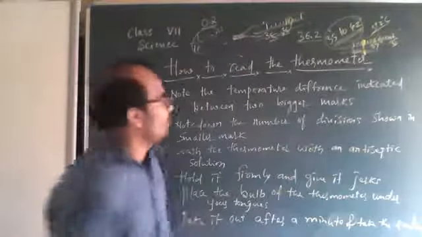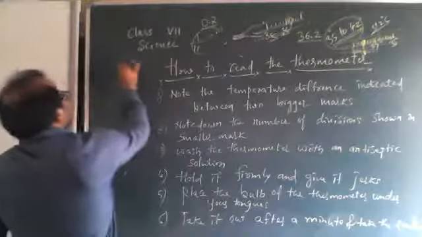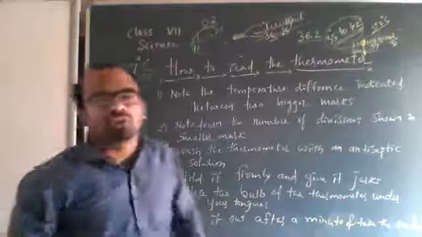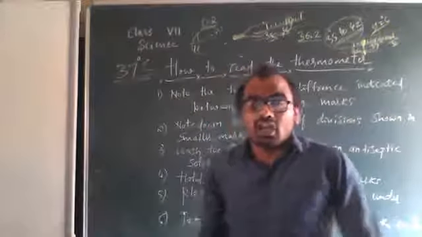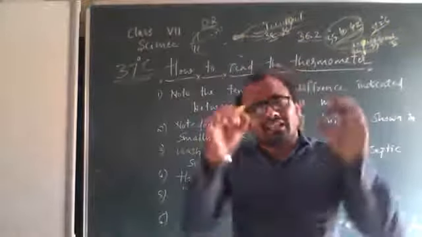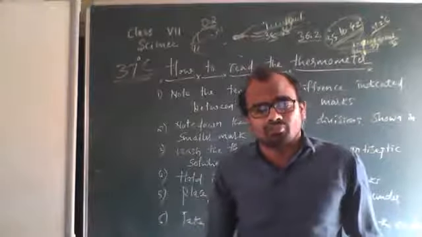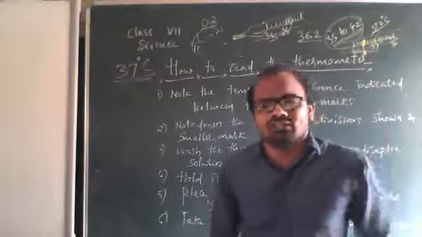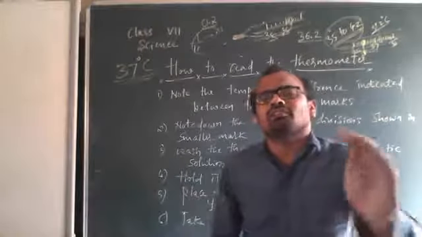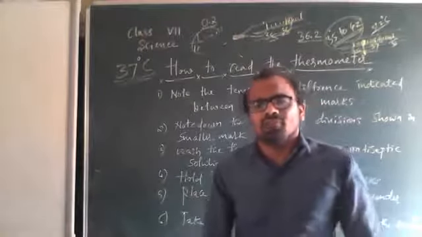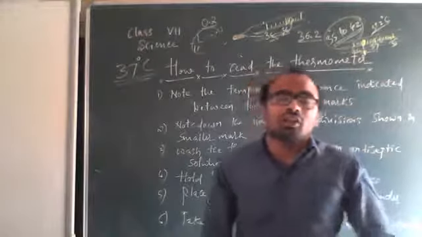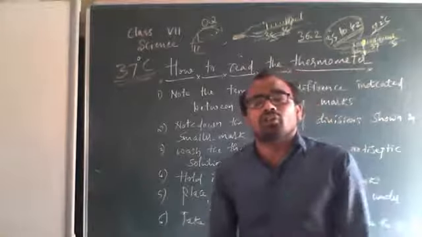And the average body temperature of a normal human is 37 degrees Celsius. There is no need that it is exactly 37 degrees Celsius always. Sometimes it may be 36.5 degrees Celsius, it may be 36.8, it may be 35.5, it may be 37.5, it may be 38, 38.5 degrees Celsius.